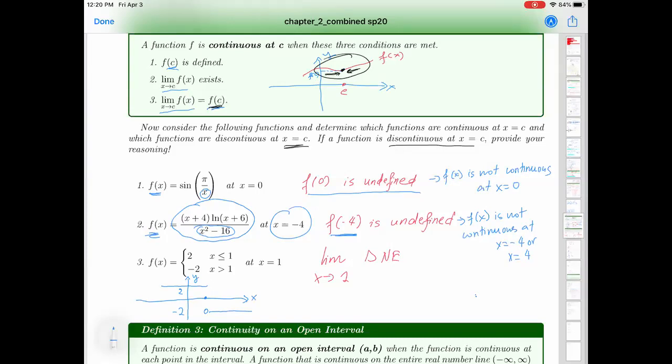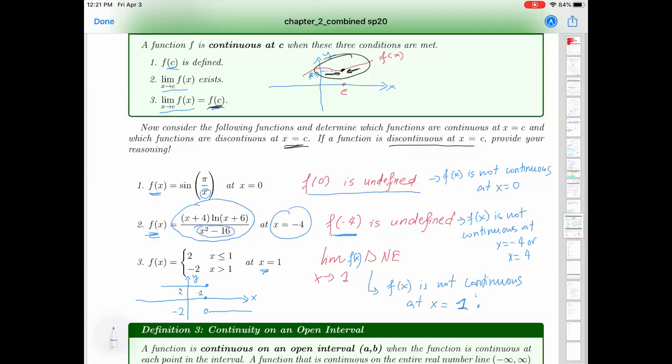As you can see, when x goes to 1, the limit of the function f of x doesn't exist. So this is the second condition, right? The limit doesn't exist. Then we can conclude that the function f of x is not continuous at x equals 1 because the limit doesn't exist.